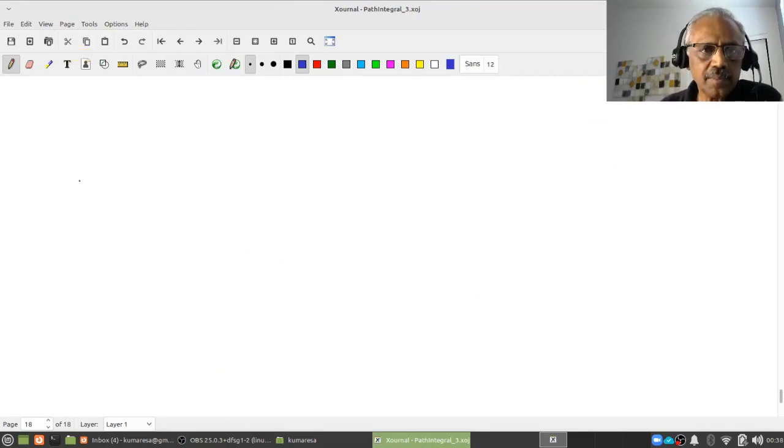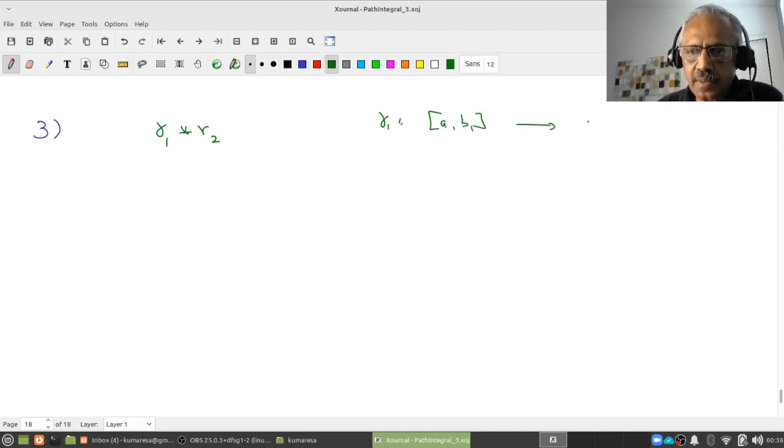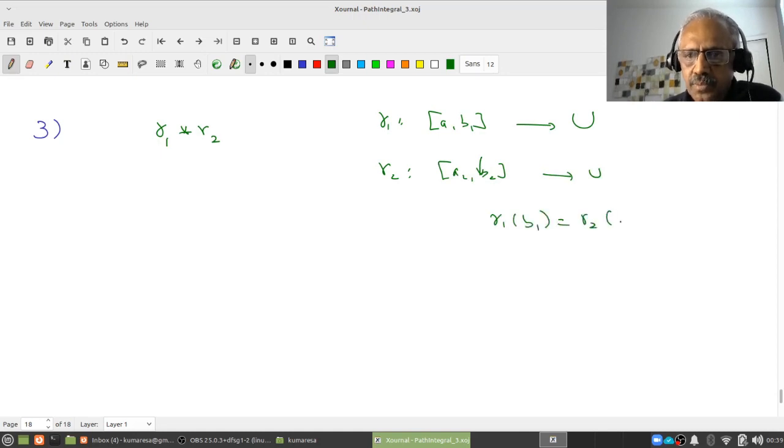So I am going to the third application now. Remember, we already did what is meant by the juxtaposition of two paths. Gamma 1 was from a1 b1 to u, and gamma 2 was from a2 b2 to u perhaps, such that gamma 1 of b1 is gamma 2 of a2.